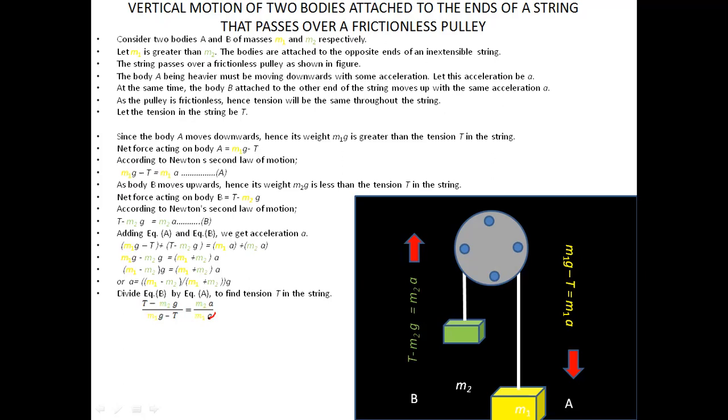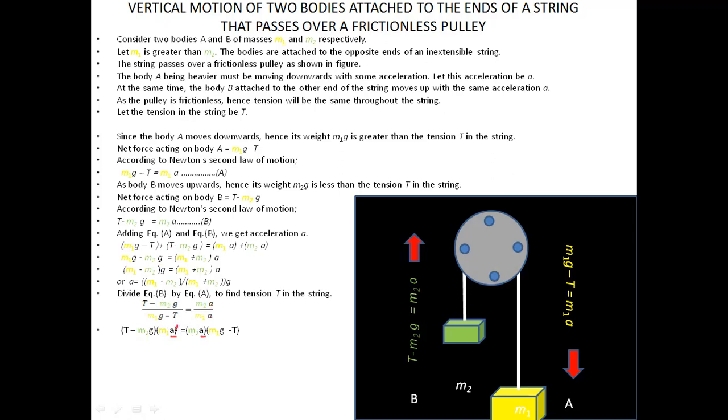We will cancel out this a. We cross multiply, so this whole thing goes upwards and multiplies onto the other side, and m1 goes to the other side and multiplies. So it will be written as T minus m2g into m1a. For the time being, we have not cancelled this a, so it is written as it is, but it can be cancelled later on.